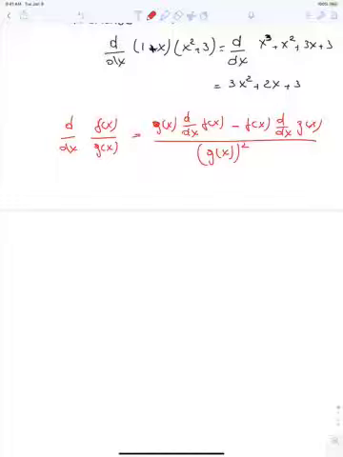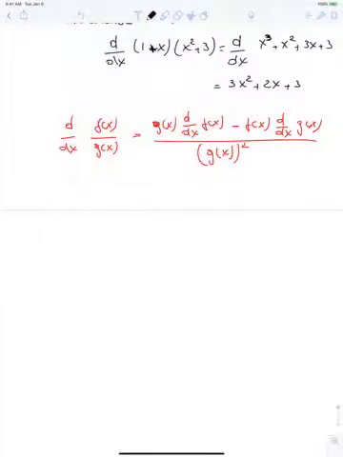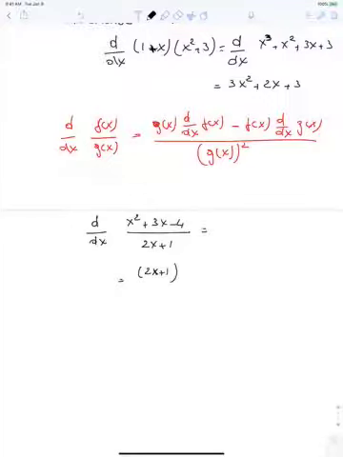Again, we're going to do an example with polynomials. So if we have the derivative of x squared plus 3x minus 4 divided by 2x plus 1. Okay, this is going to be the denominator, 2x plus 1, times the derivative of the numerator.